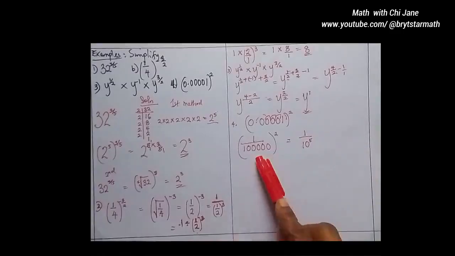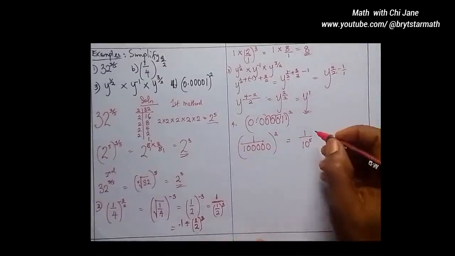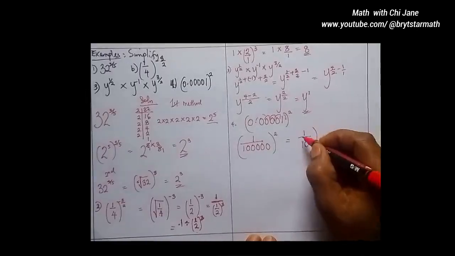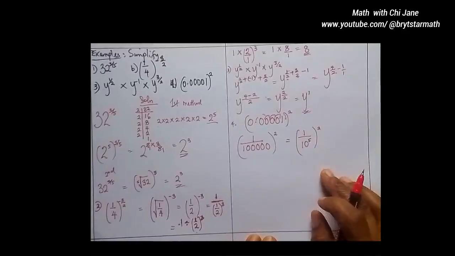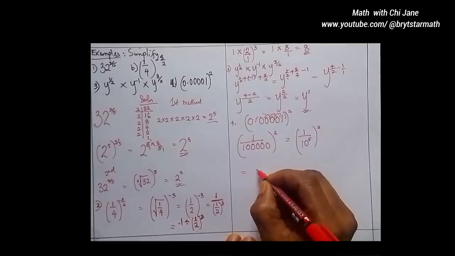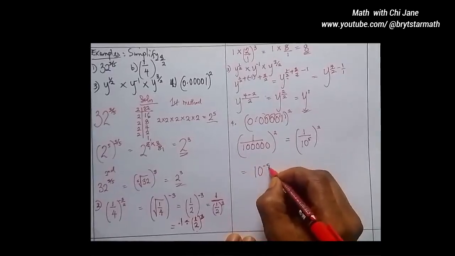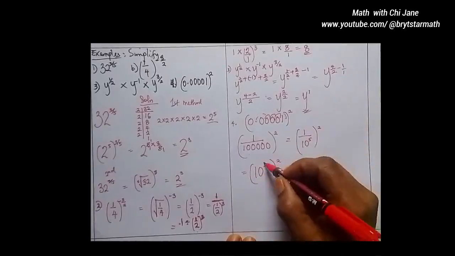When you multiply 10 5 times, it will give you 100,000. So 1 over 10 raised to the power of 5. Remember our negative power law. This becomes 10 raised to the power of minus 5, everything raised to the power of 2.